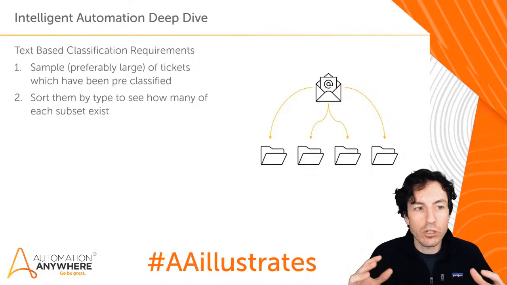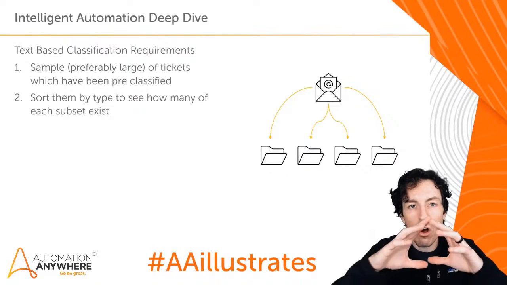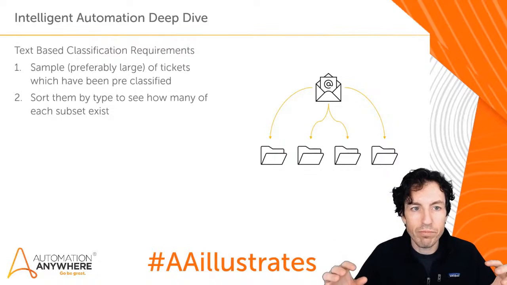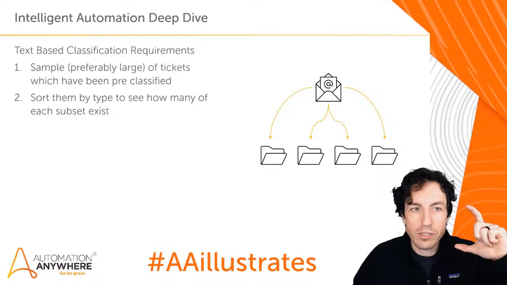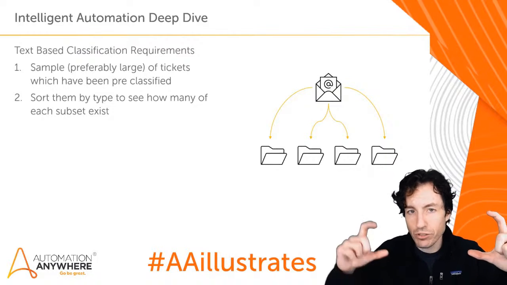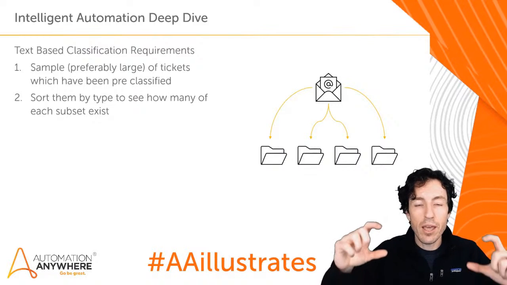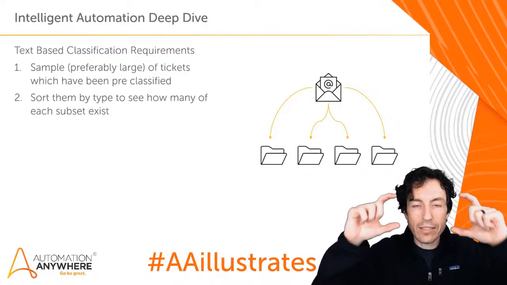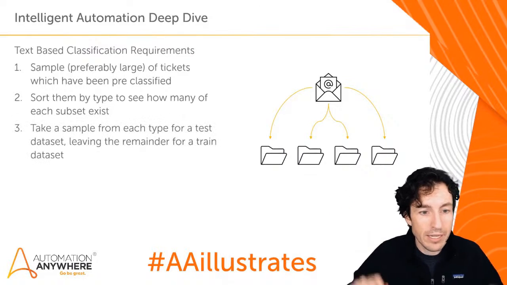So for our 5 classifications, we want to take all of the samples that we have and classify them by their types and say, hey, show me all of those for desktop hardware, right? And I want to see how many of the desktop hardware I have versus how many I have for desktop software and account access and networking, because I need to take a sample of each of those to create what's called my test set.